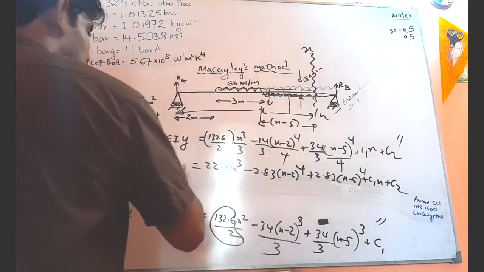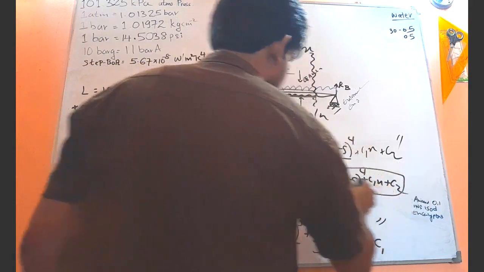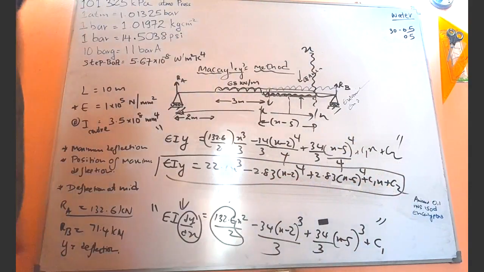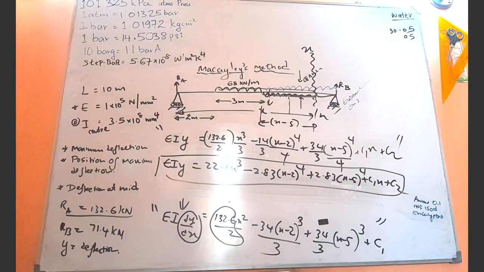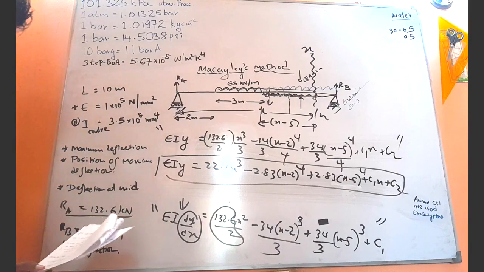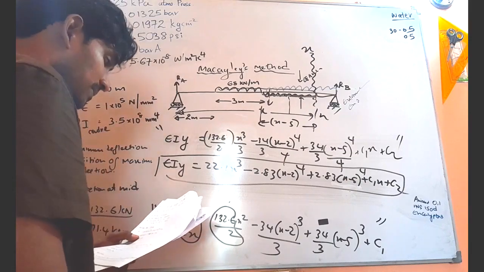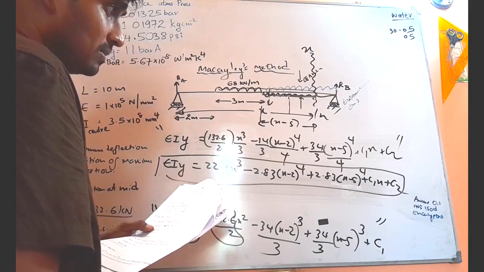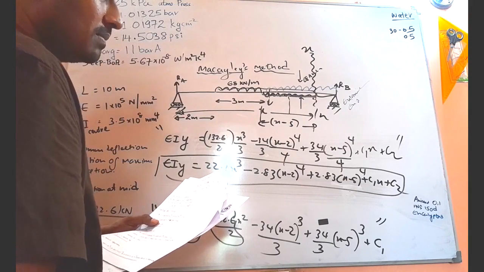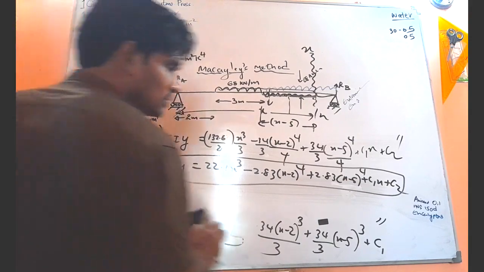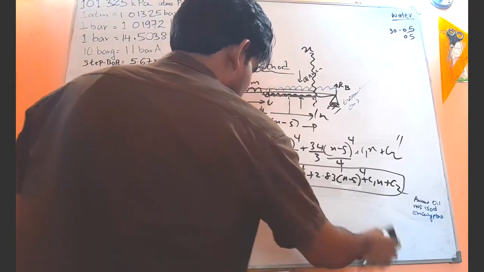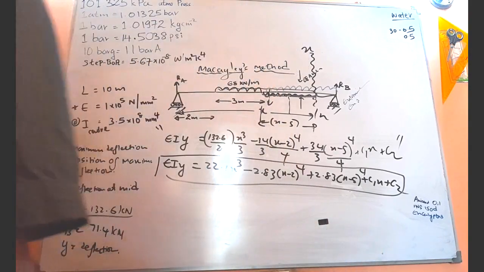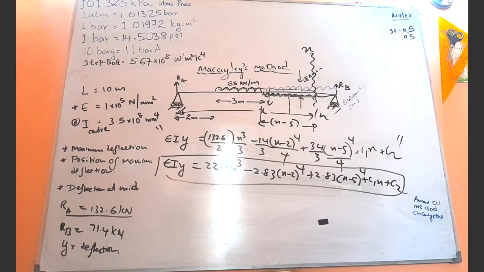Now check whether you have obtained this answer: EI y equals 22.1 x cube minus 2.83 (x minus 2) to the power 4 plus 2.83 (x minus 5) to the power 4, plus C1 x plus C2. There are lots of simplifications. That's the target. Now we have to find the constants C1 and C2.